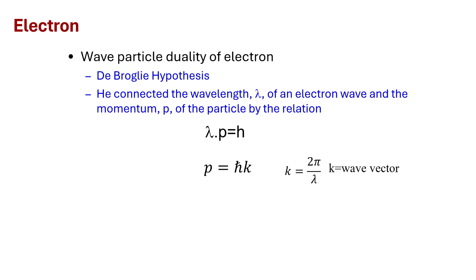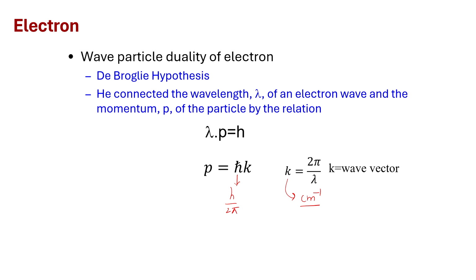h is Planck's constant, or p can be written as h cross k, where h cross is h divided by 2 pi, and k is called the wave vector, which is related to wavelength as 2 pi divided by lambda. So, you can see that the wave vector is an inverse. The unit of wave vector is centimeter inverse or meter inverse. It is the inverse of wavelength.